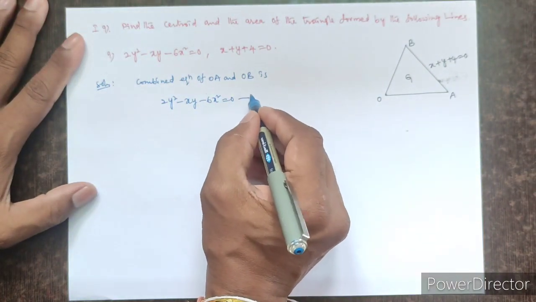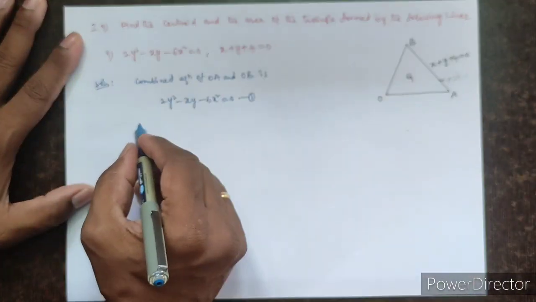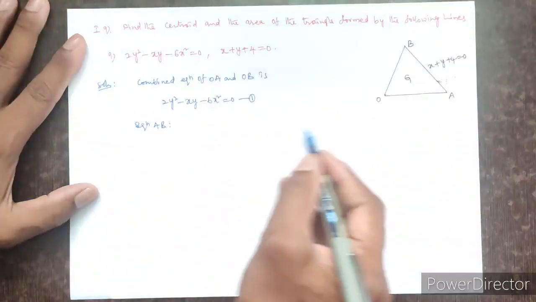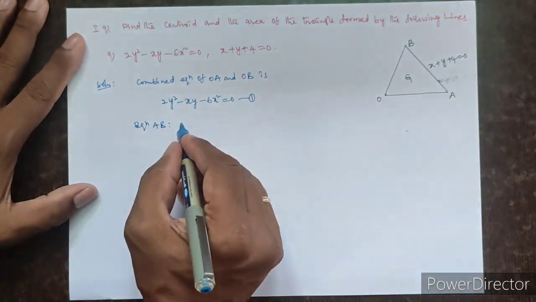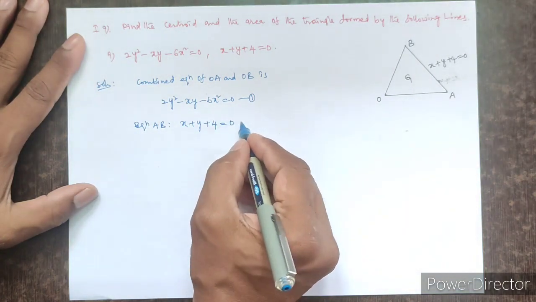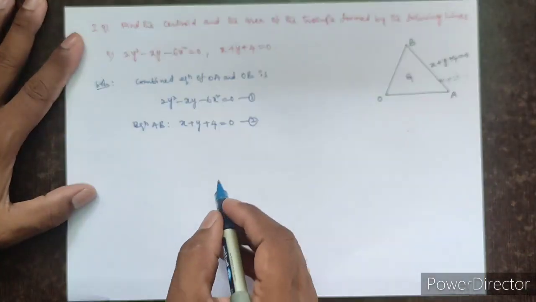This is equation 1. And the equation of line AB is x plus y plus 4 equal to 0. This is equation number 2.